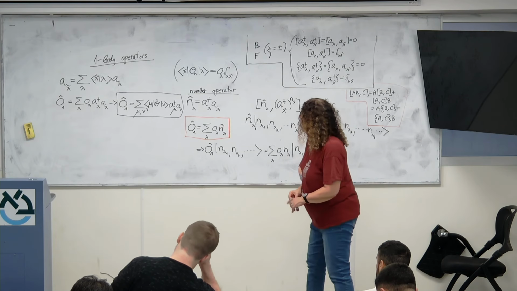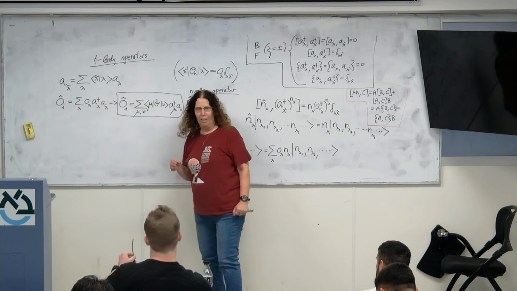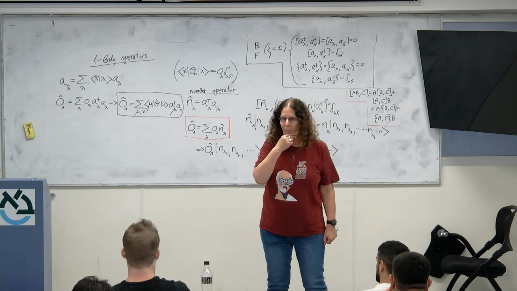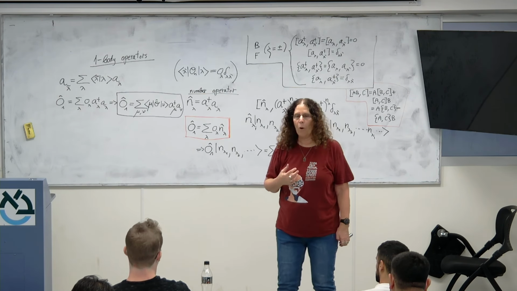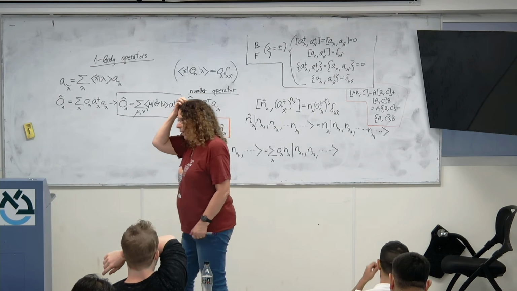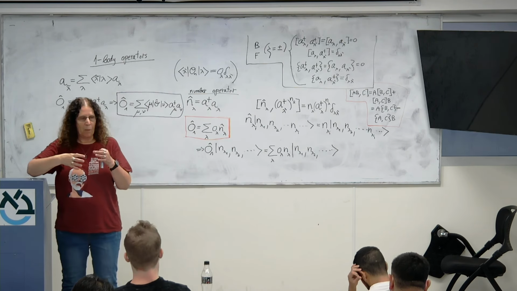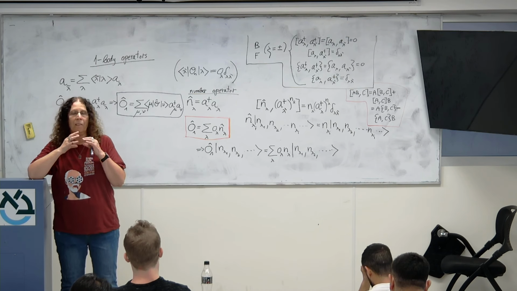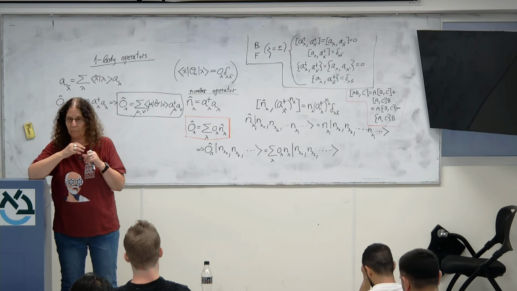Okay, but now it also gives us a hint how we will write a two-body operator. What is a two-body operator? It's an operator that describes something that involves two particles that are interacting with each other.